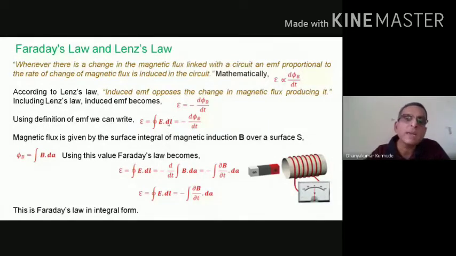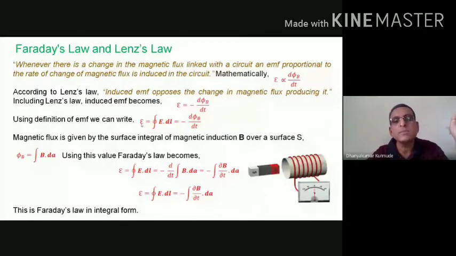The line element multiplied by the electric field, which is nothing but the force acting on the unit positive charge, force into displacement will give the work done, and this E dot dl is the work done in moving a unit positive charge through a small displacement dl. To calculate the total work done, we have to integrate this E dot dl over the entire path. That we call the line integral of E dot dl. And this work done is nothing but what we call the electromotive force, or EMF.